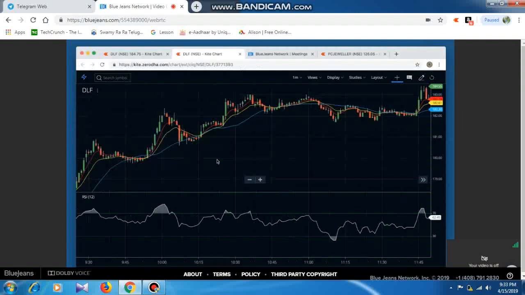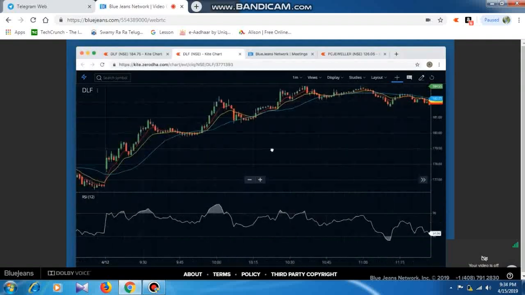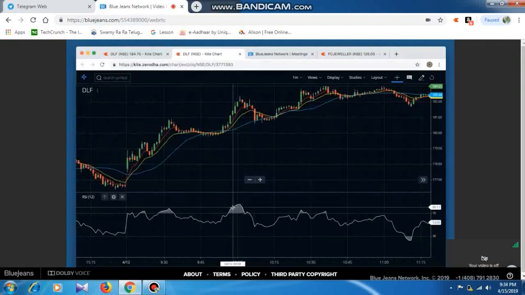Let's go on with the chart. See, someone had asked a doubt: what will happen if it comes out of the gray portion? Here you can see the RSI went above 70 and it showed some gray portion and it started coming down, isn't it? But I advise you, even if you see that the 6 is going down, you should not short sell it because it was in an area where it was overbought for a while.